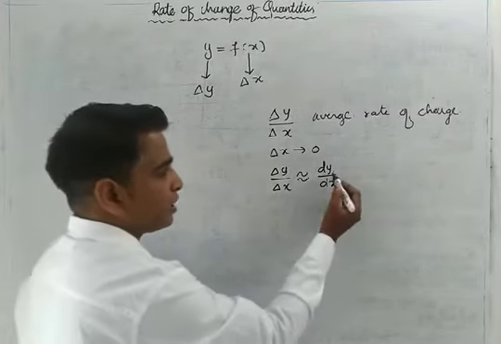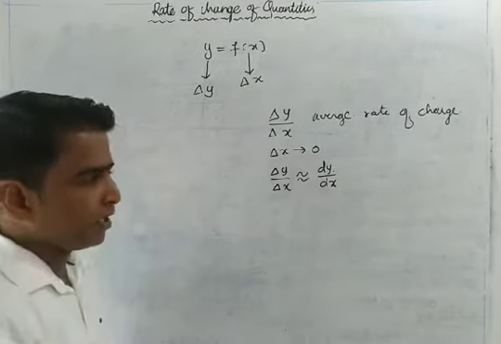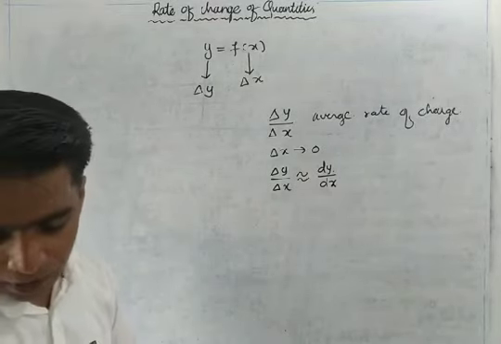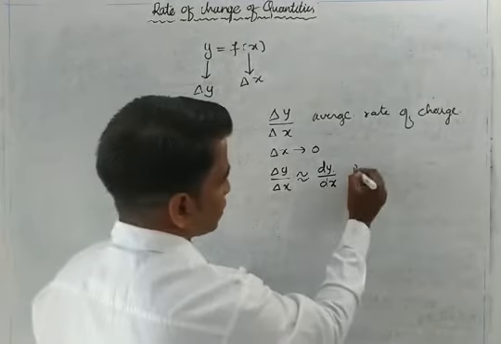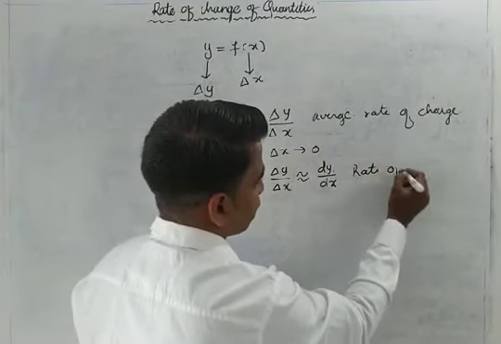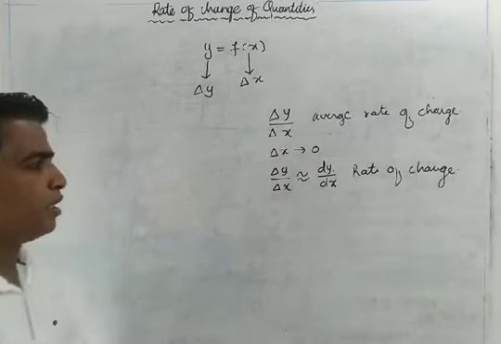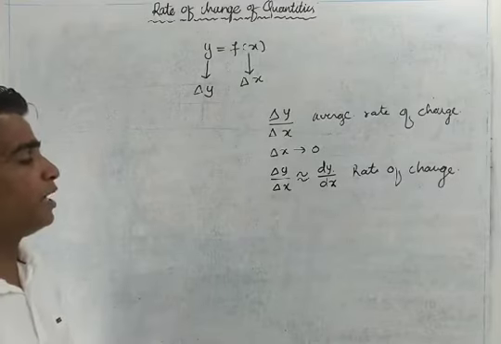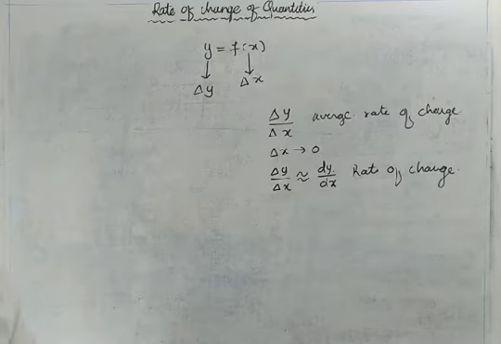In short, the change in y with respect to change in x. So that is called the instantaneous change of a quantity, that is, the rate of change. So this is the rate of change of any quantity with respect to x for any function y is equal to f of x.